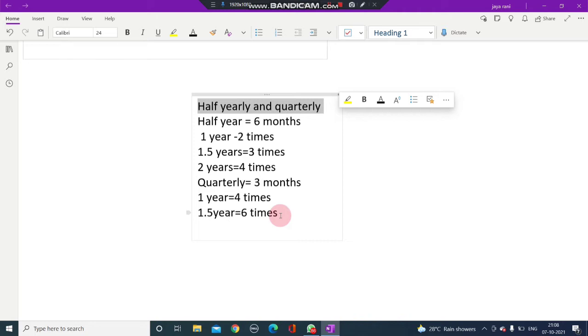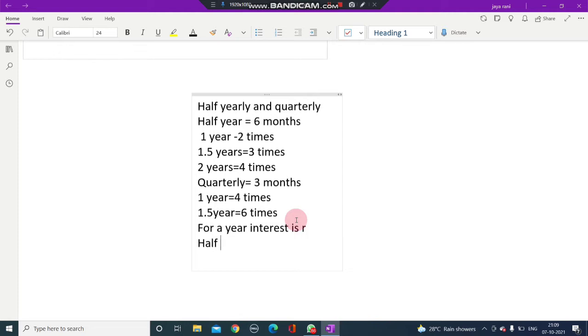Okay, the only difference is the interest rate. For a year, the interest is R. In annual compounding the interest is R, but in half year compounding, the interest rate is half of the rate of interest for the yearly compounding.